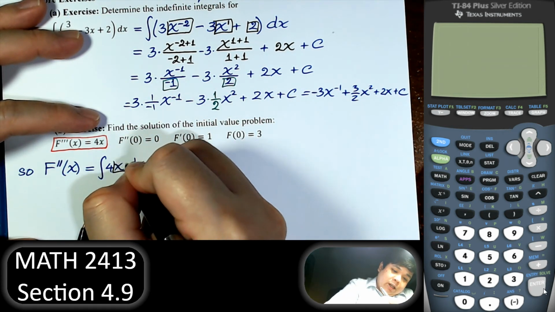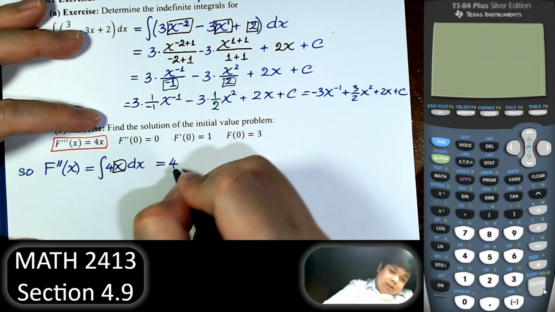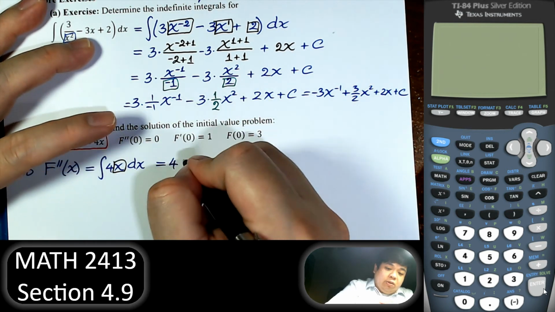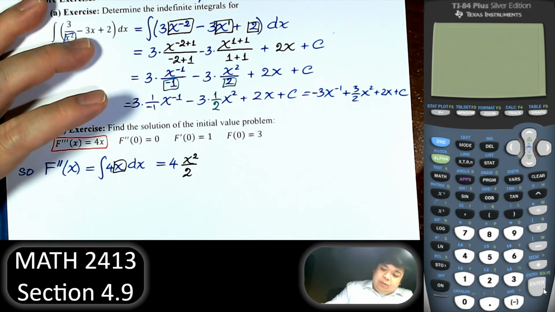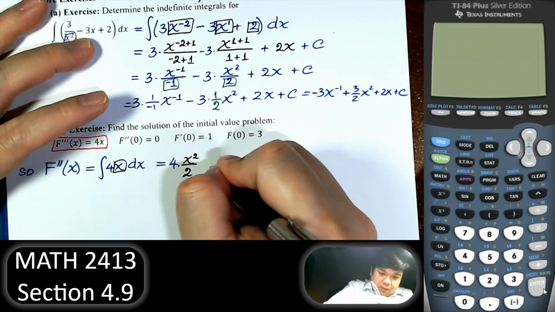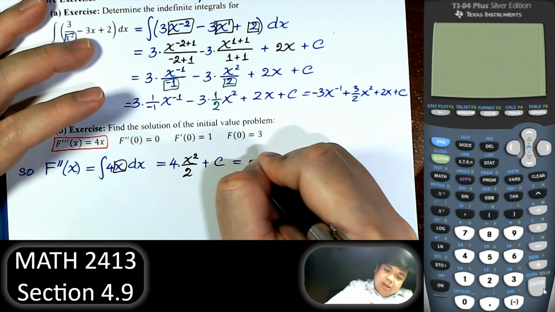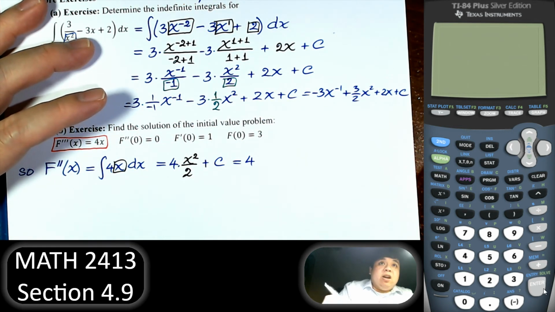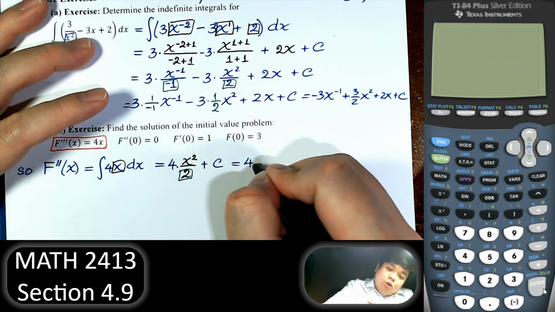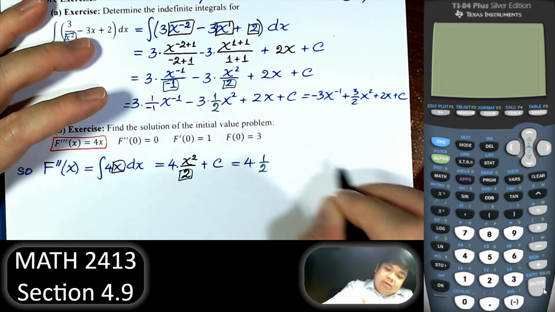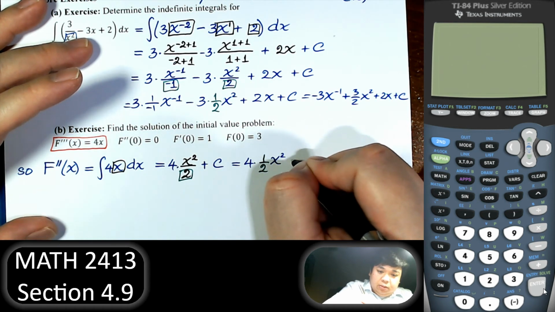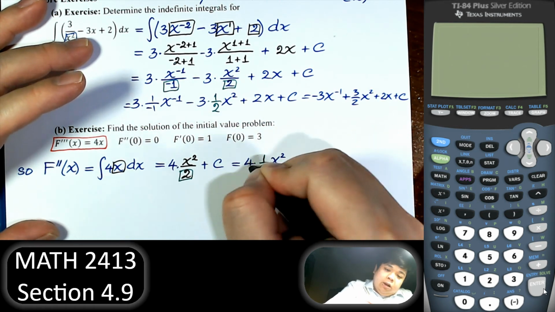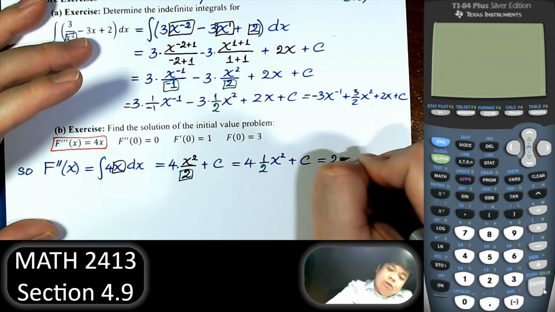Power rule here. x to the first power by default, integrate, gives us x squared over 2 plus the constant c. Divide by 2, multiply by the reciprocal, 1/2. Four times 1/2 is 2.